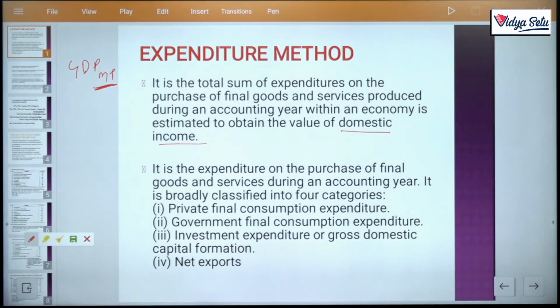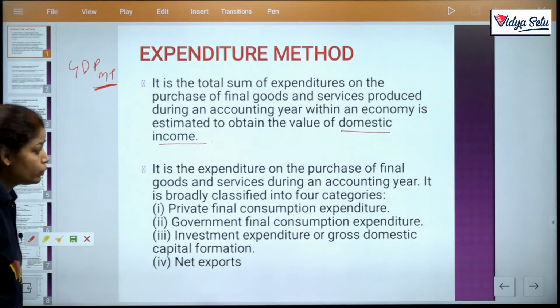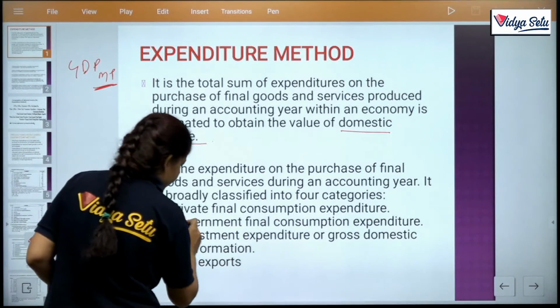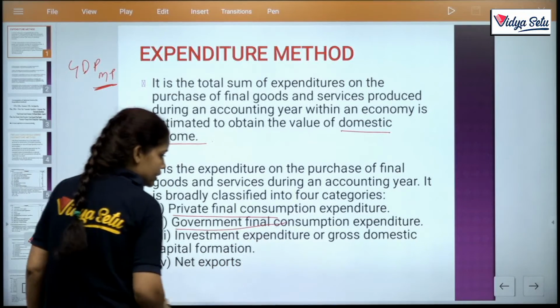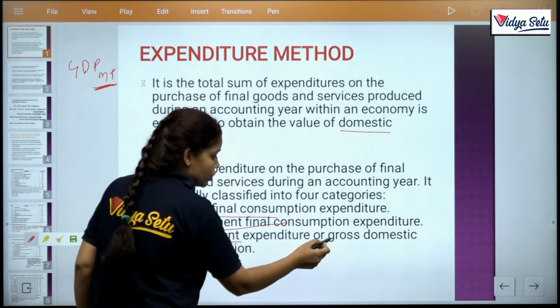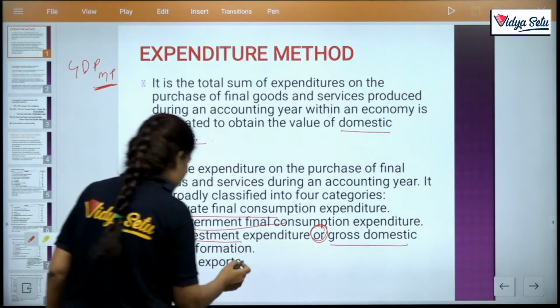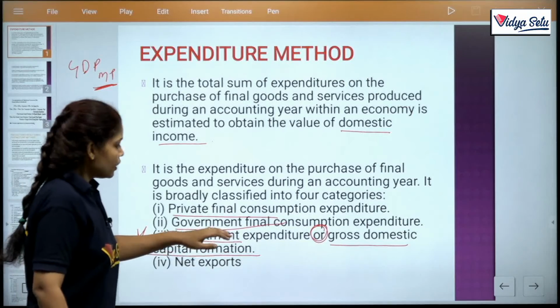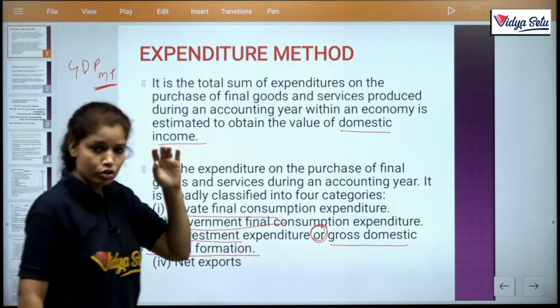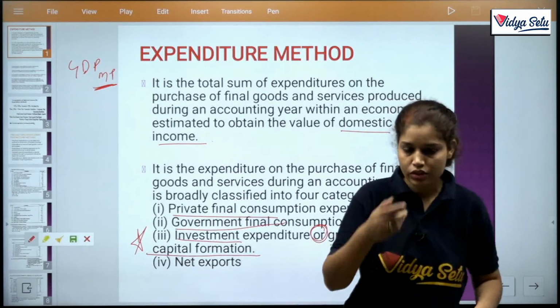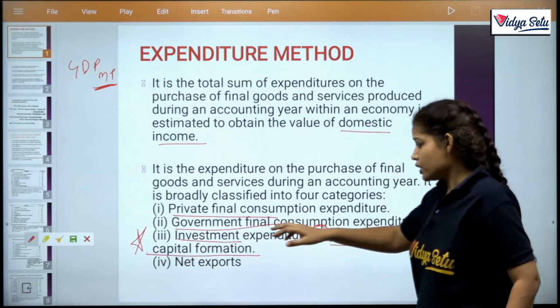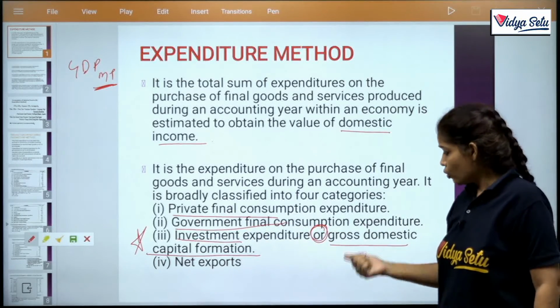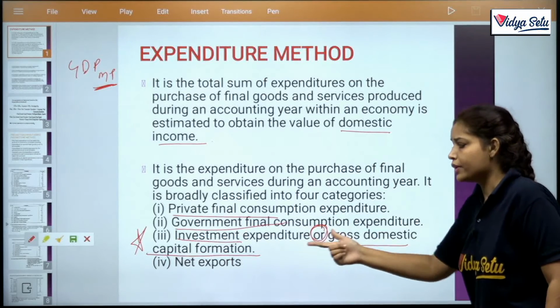Clear? It is the expenditure on the purchase of final goods and services during an accounting year. It is broadly classified into four categories. First is private final consumption expenditure, then government final consumption expenditure, then investment expenditure, or we can say gross domestic capital formation. Please understand this word carefully, because the examiner sometimes gives the words investment expenditure, but mostly he gives gross domestic capital formation.